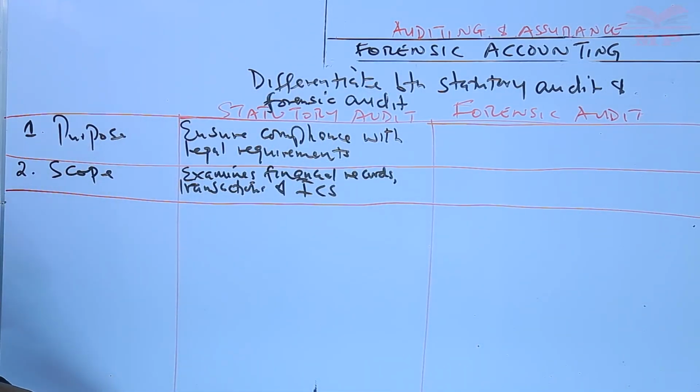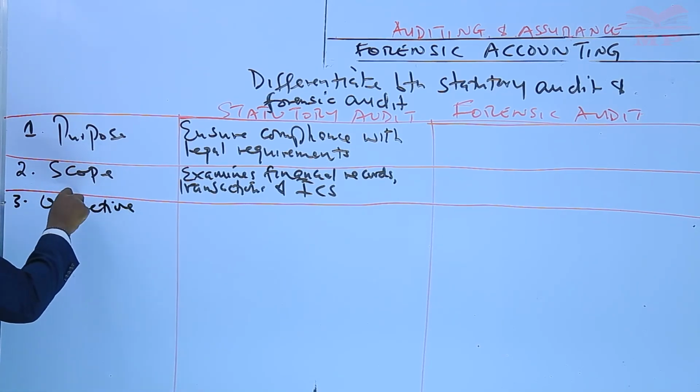Then number 3, the third basis for comparison is objective. We can distinguish the two based on the objectives.